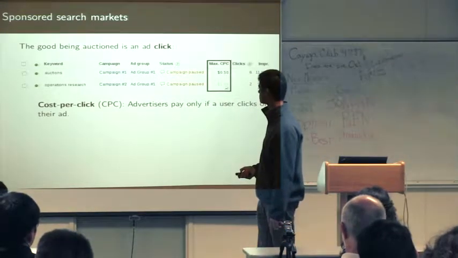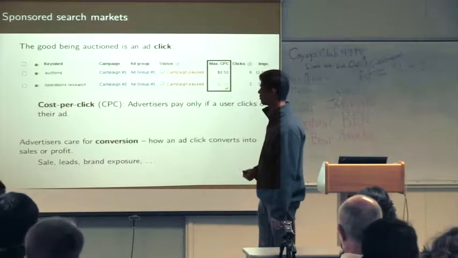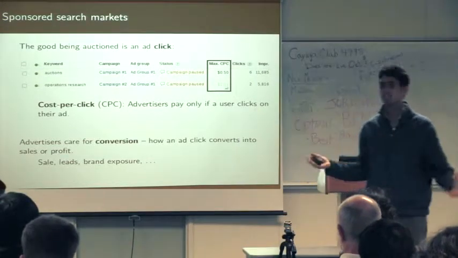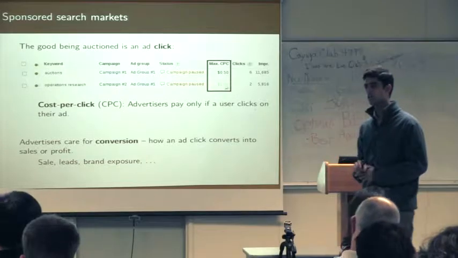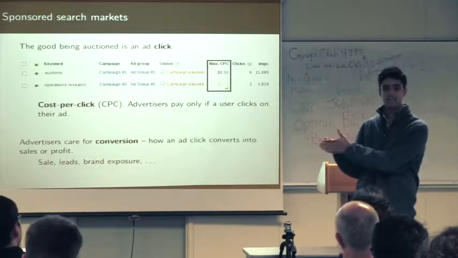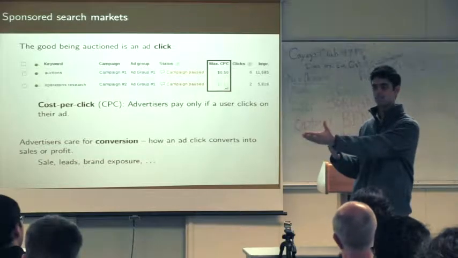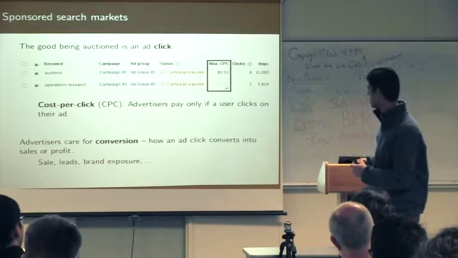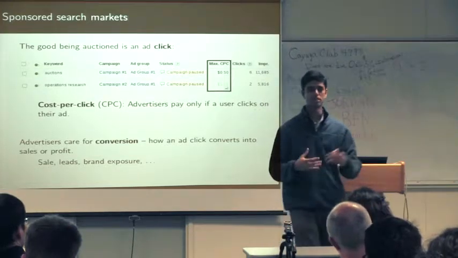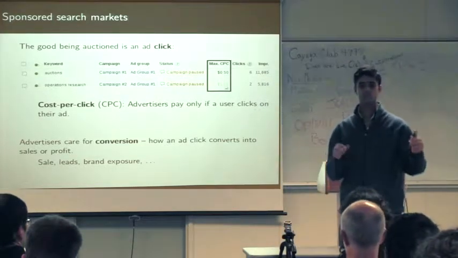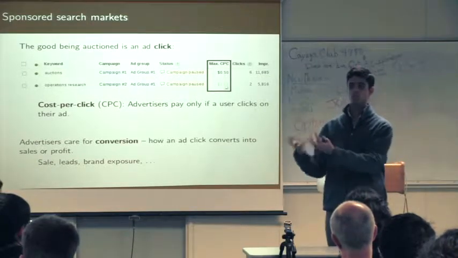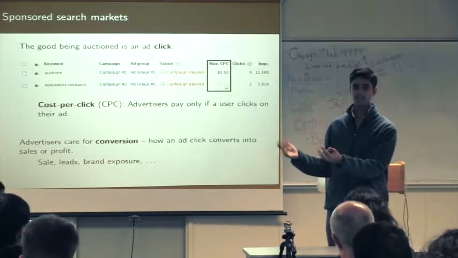gets the ad placed. But if you think about it, what advertisers care about is a conversion. And what is a conversion? Conversion can mean different things here. It is how an ad click converts into revenue, either current revenue or future revenue. In the most common sense, what you care about is whether a user who searched for your keyword came to your website and bought whatever it is that you're selling.